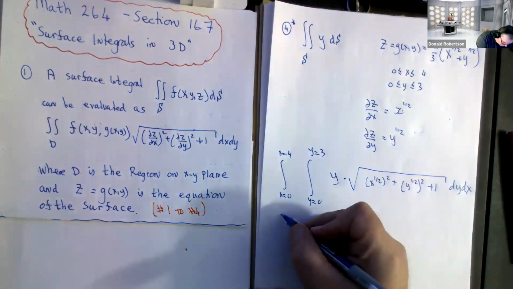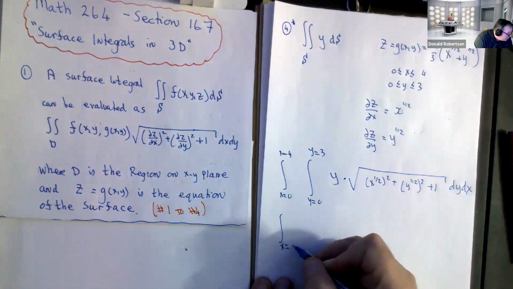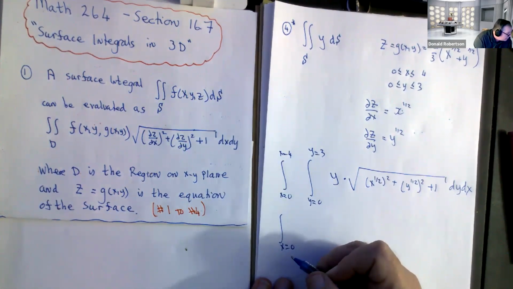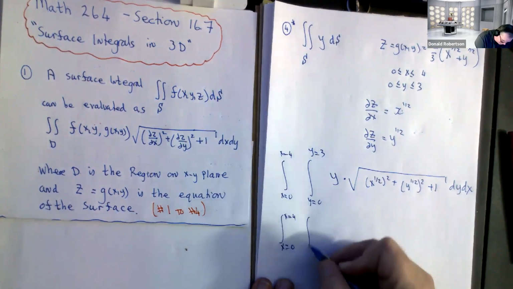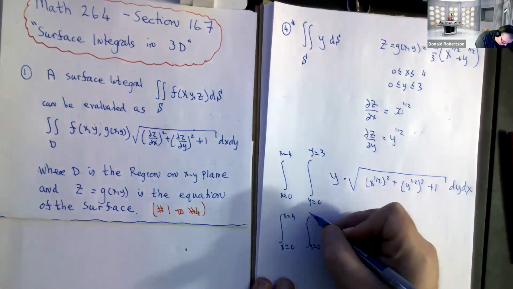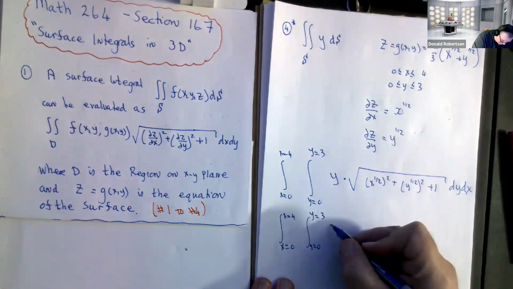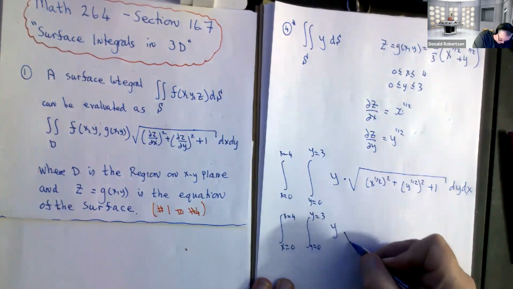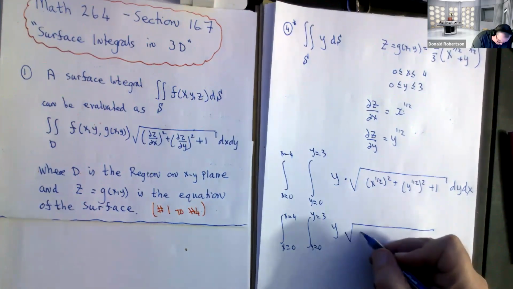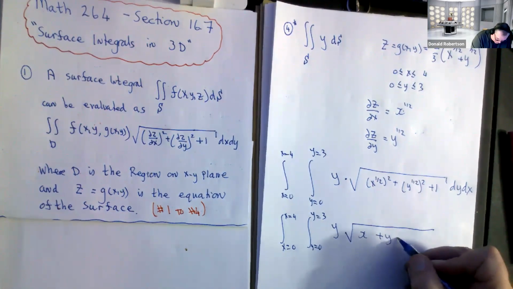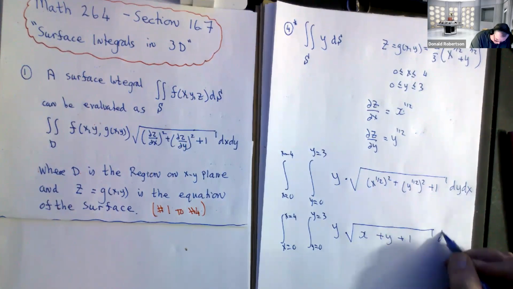Now that becomes x equals 0 to x equals 4, y equals 0 to y equals 3, y times the square root of x plus y plus 1 dy.